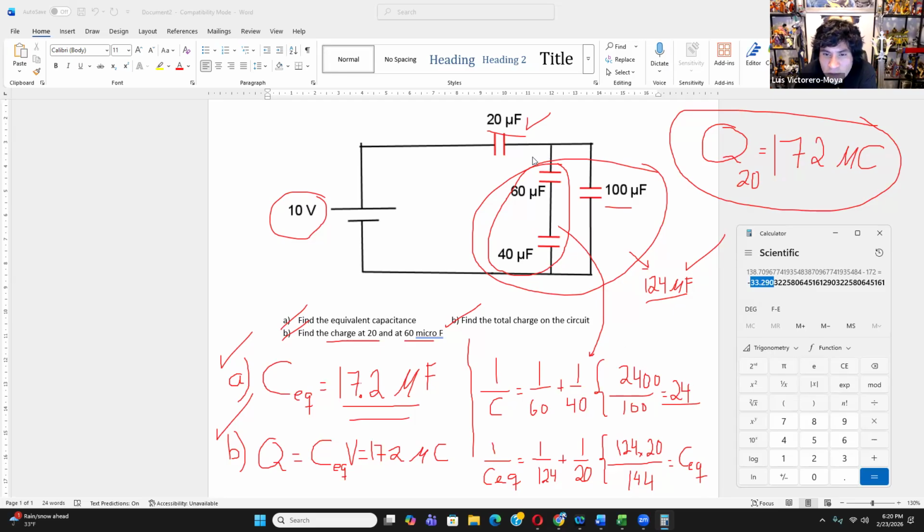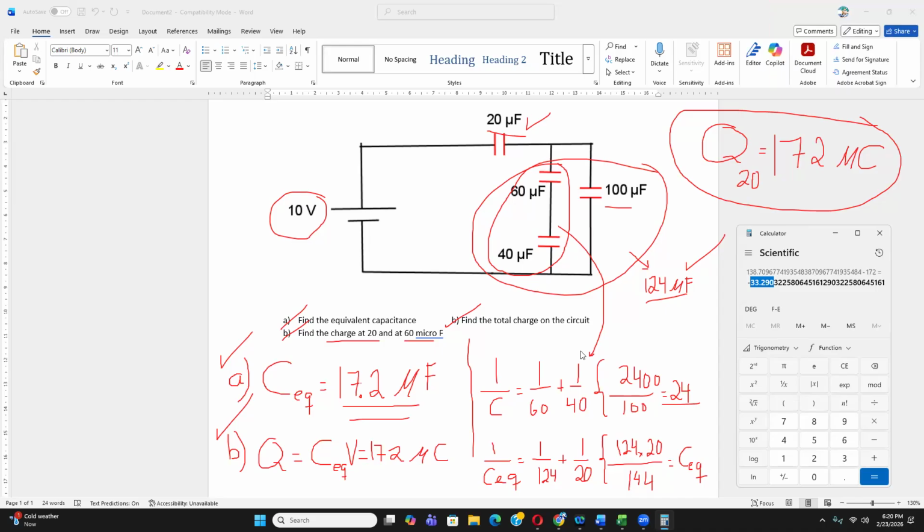Because it's in series, the charge on 40 is the same as the charge on 60. So 33.29 is the charge on 60 microfarad, and it's going to be the same charge on 40.